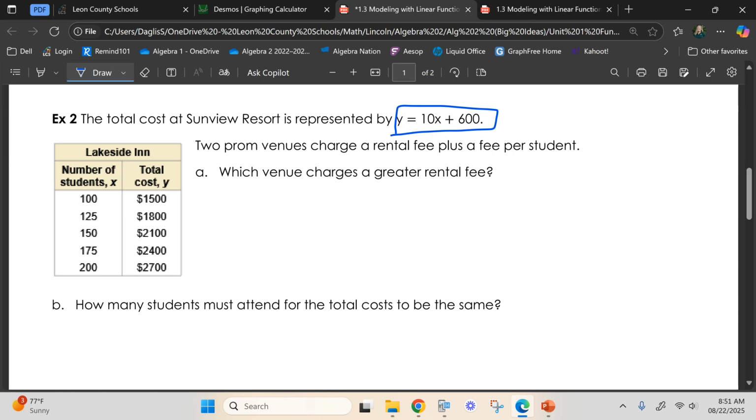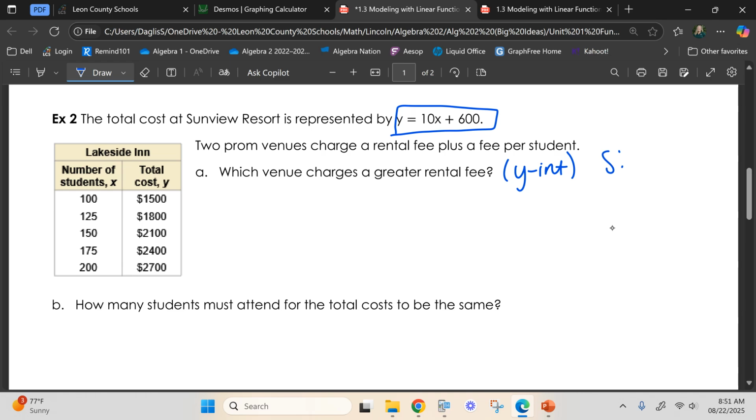So looking at Sunview, what would it cost for just renting the place? Is it the 10 or the 600? It's the 600. So here we're looking for the y-intercept. So when your x is 0, when nobody is there yet, what's the cost of just getting the place? So for Sunview, it's 600.